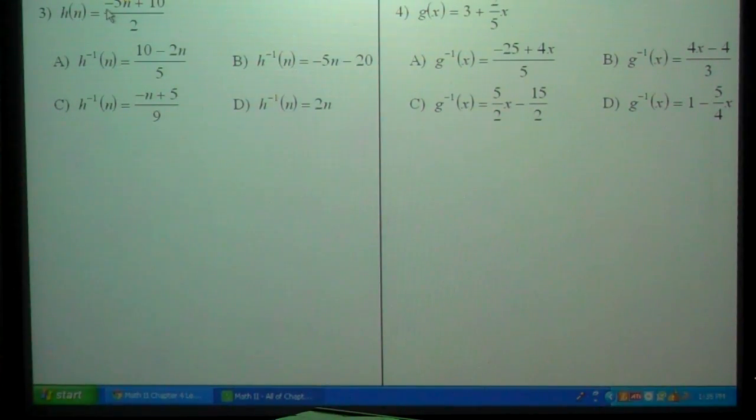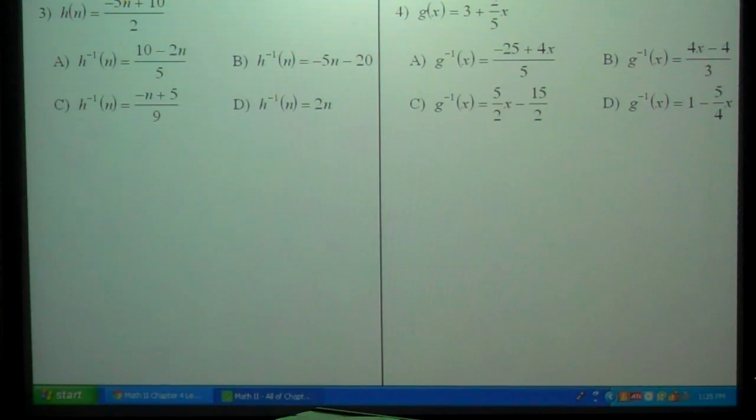H of n equals negative 5n plus 10 over 2. This is g of x equals 3 plus 2/5 x. So you find the inverse of each one of those. It's going to be multiple choice. You swap, change it into y, swap your x and y, solve for the new y.